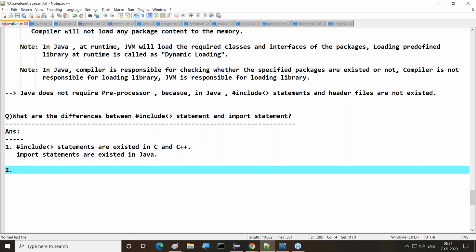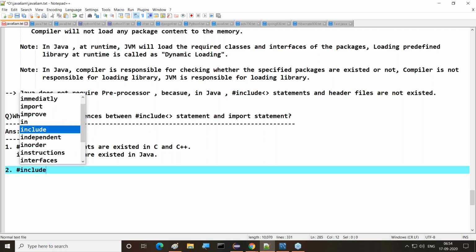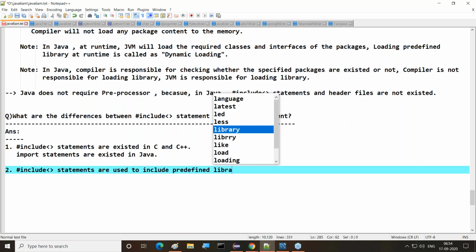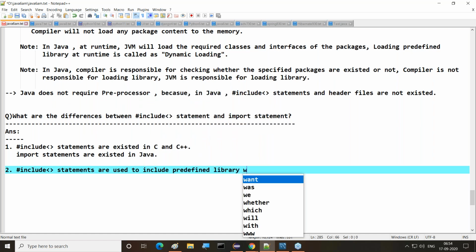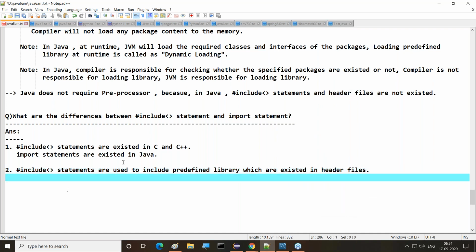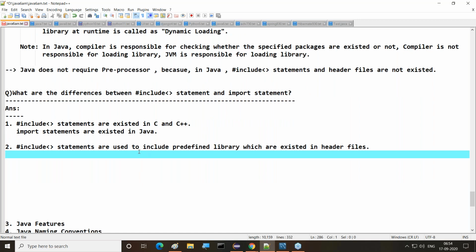Then what is the job of hash include statements? Hash include statements are used to include predefined libraries which exist in header files.